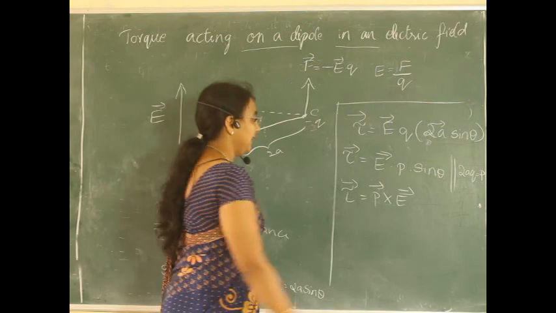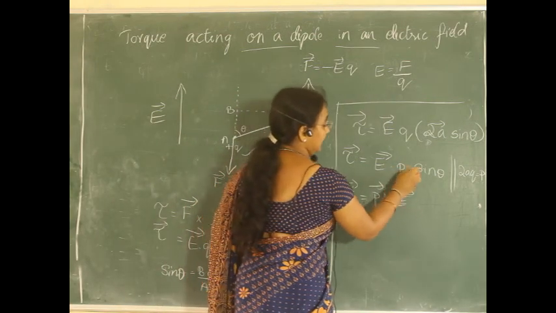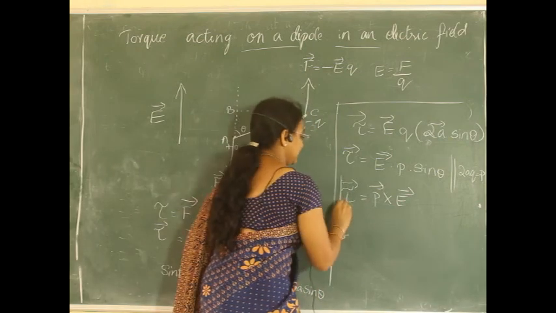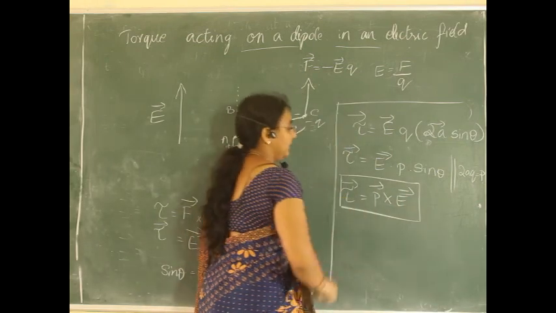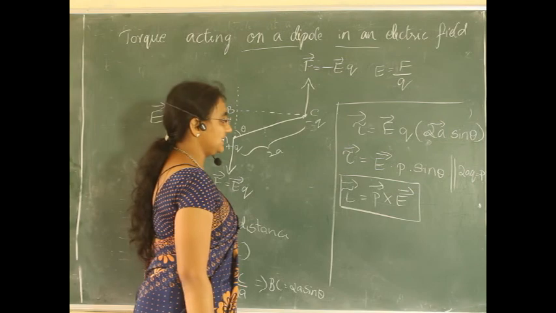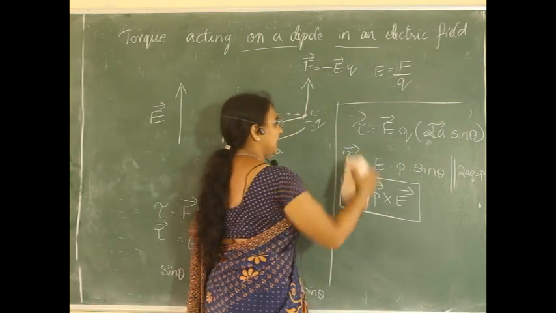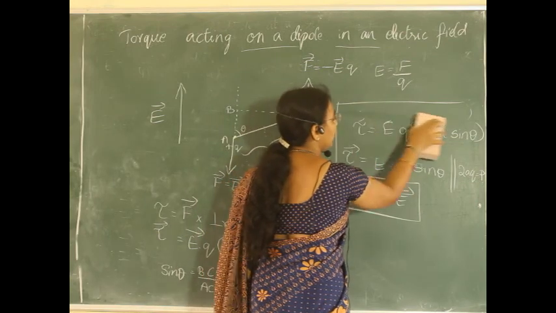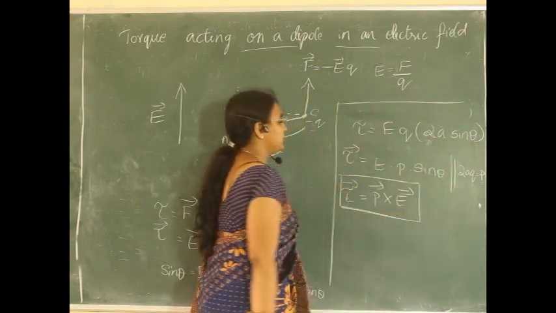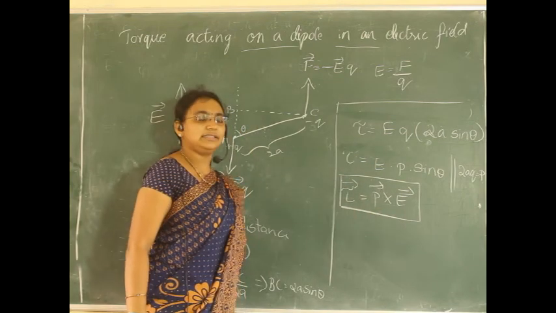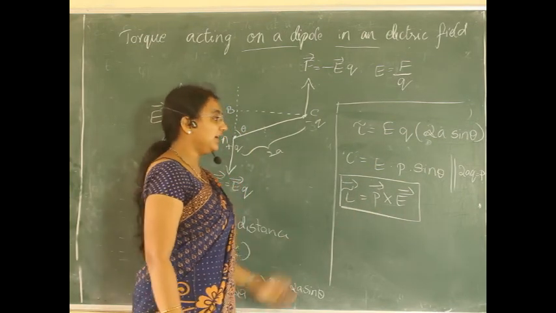Therefore I can say E cross P sin theta is nothing but P cross E sin theta. This is the expression for it, or tau is equal to P E sin theta. No need of putting the vector here. Directly you can write. Nowhere you will go wrong. Nowhere you will get confused. Write directly till here. Then finally you write it in this format. Then that is very easy for you.